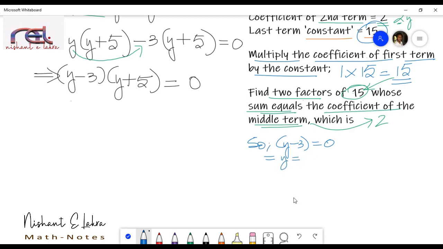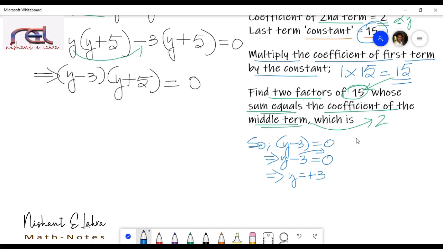We will remove the brackets first. y minus 3 equals 0. So making y the subject, we get y is equal to plus 3, right? When minus 3 goes to the other side, it changes to plus 3.